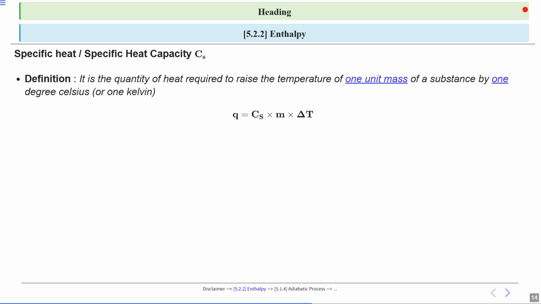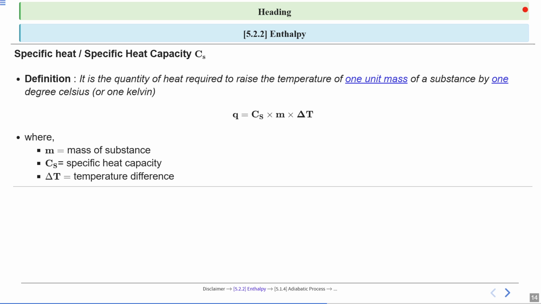How can we define it? It's very simple. Just relate it with the mass. So Q is equal to Cs m delta T, where m is the mass of the substance, Cs is the specific heat capacity, and lastly delta T is the temperature change. This formula is similar to the one for molar heat capacity.